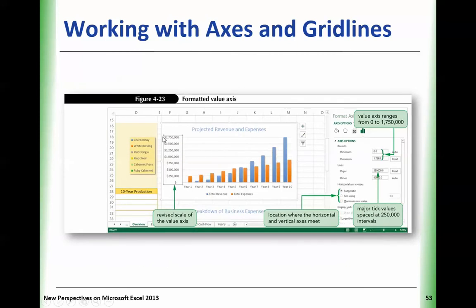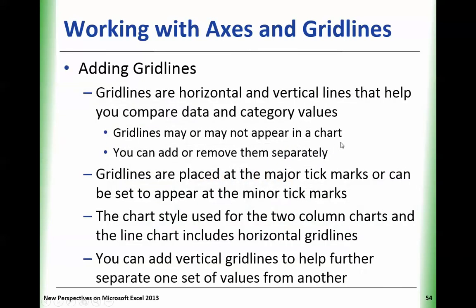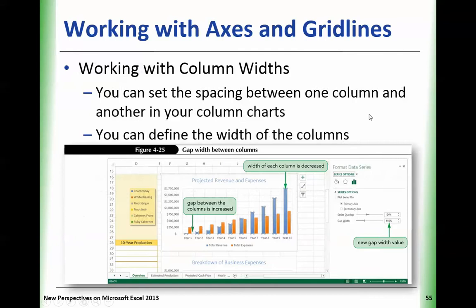So we see here the scale of this goes up to 1750, and it looks like it's going up in a range of 250,000. If we're only working in numbers of thousands of dollars, we wouldn't want this scale. It would be too big, so we could have modified that. And that's over here in the axis options. You can also add grid lines if they help you. Grid lines go across, up and down.